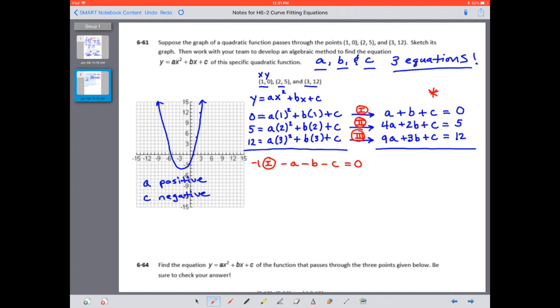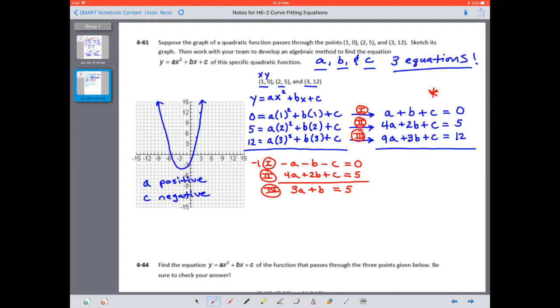And then let's do equation 2 with it. 4a plus 2b plus c equals 5. And we add them together, we're going to get 3a plus b equals 5. We'll call that equation 4.